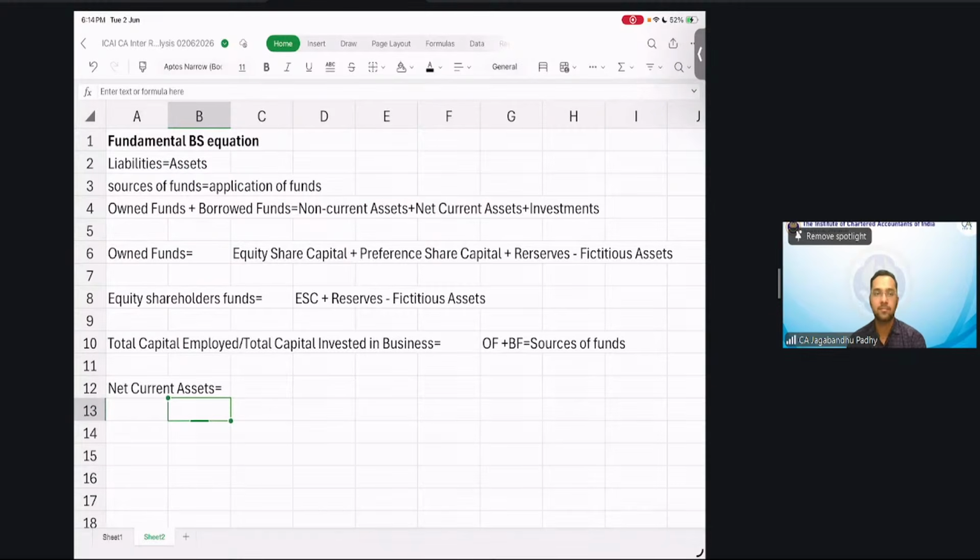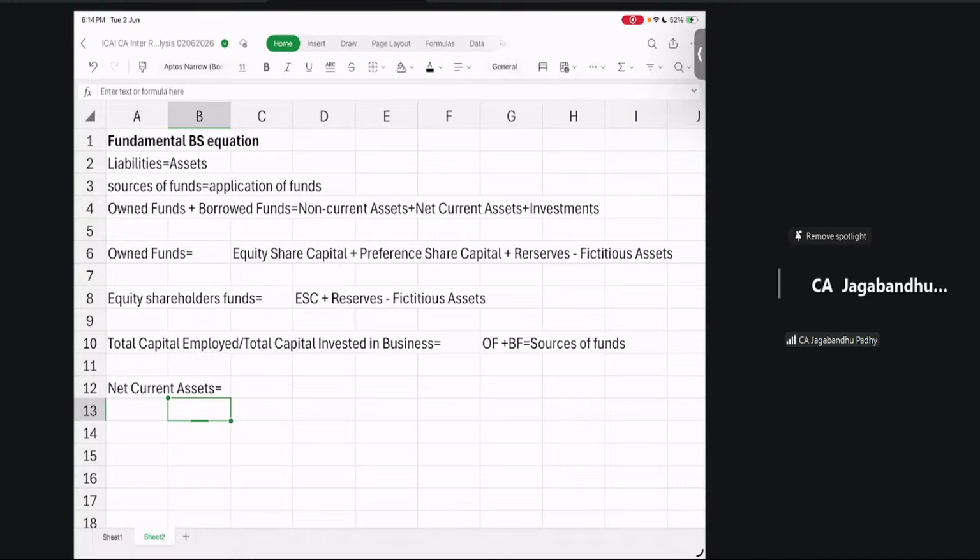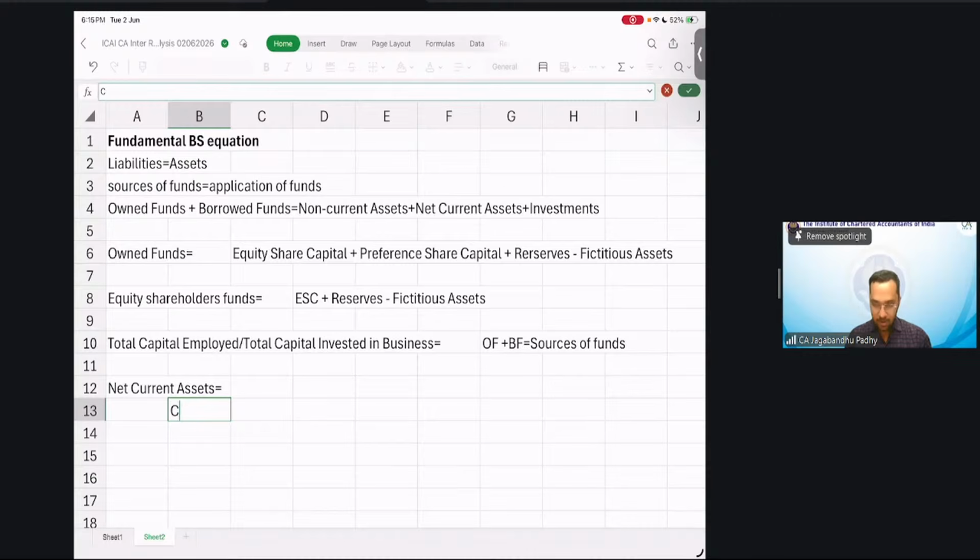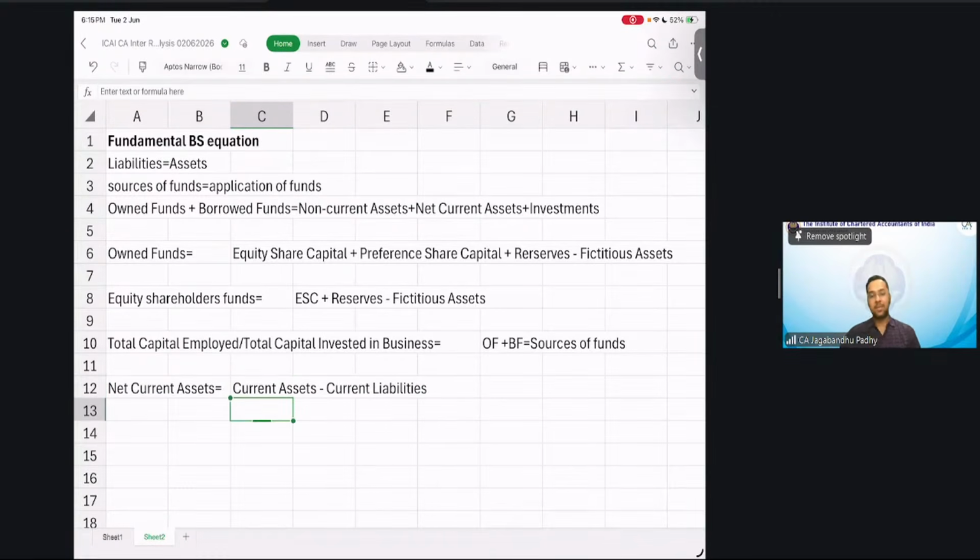Net current assets will be calculated as current assets minus current liabilities. Okay, so these are certain basic terms that we will need to be referring to in the upcoming ratios. Okay, fine.